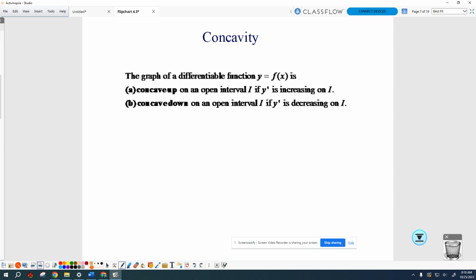All right, basically the thing you need to know: it's concave up when y prime is increasing, which means y double prime is positive. It's concave down when y prime is decreasing, which means the second derivative is negative.